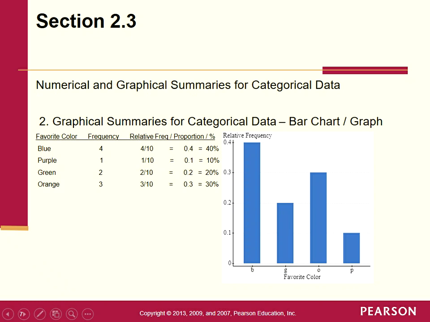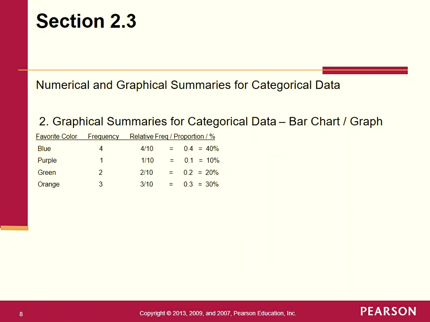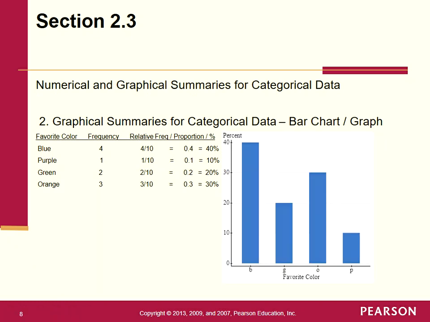The heights of the bars do not change. In other words, it doesn't matter if you put frequency, relative frequency, or a percent. The bars are not going to change.